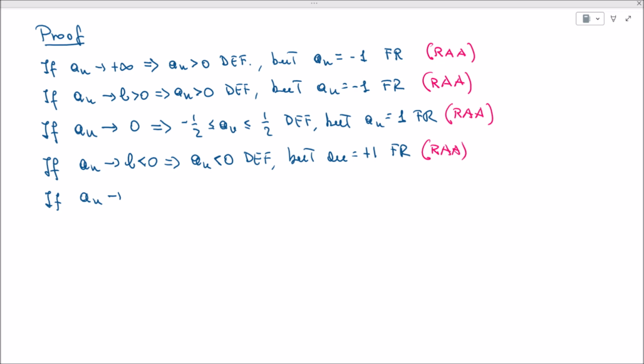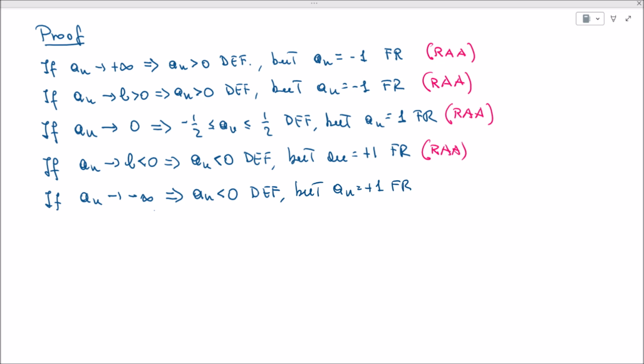But in the same way, this must be true: an should be less than 0 definitively. And for the same reason, an will take +1 frequently, so this is another thing that cannot happen. So another reductio ad absurdum. Okay?